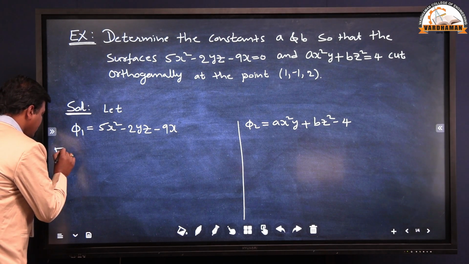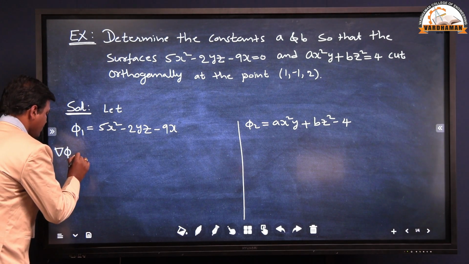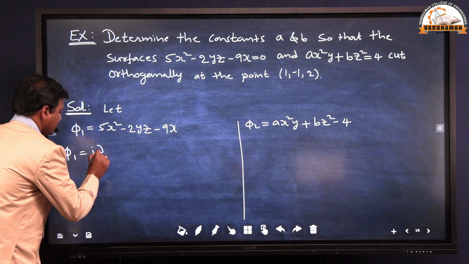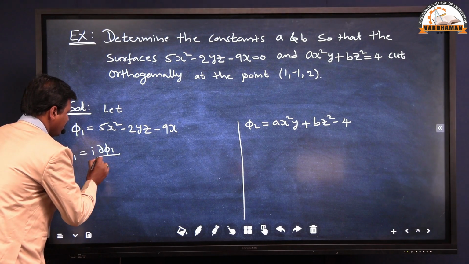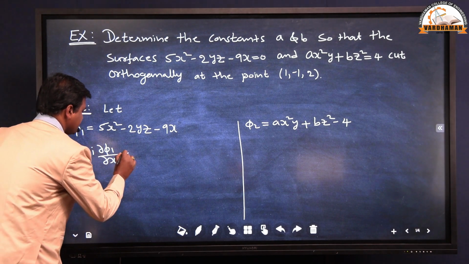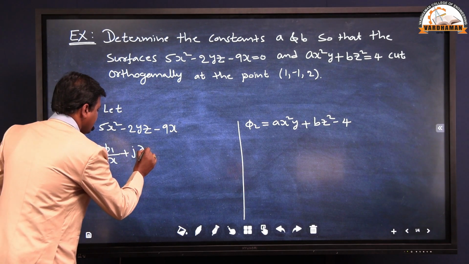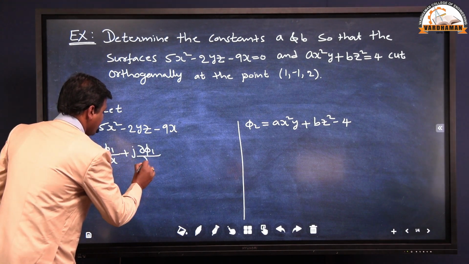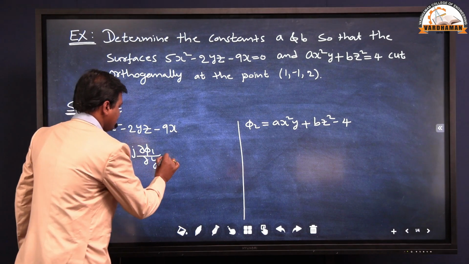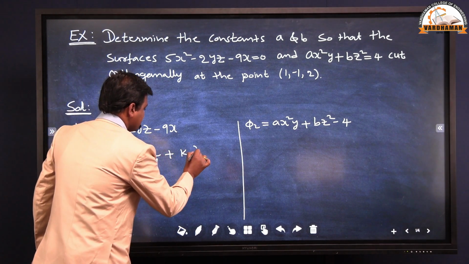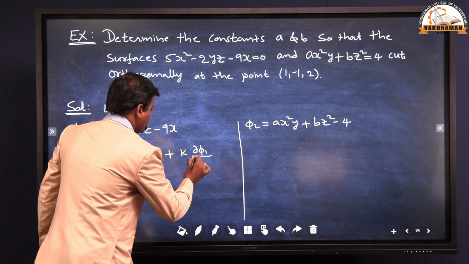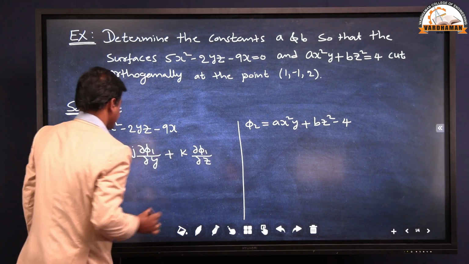Del phi 1 equal to i dou phi 1 by dou x plus j dou phi 1 by dou y plus k dou phi 1 by dou z.